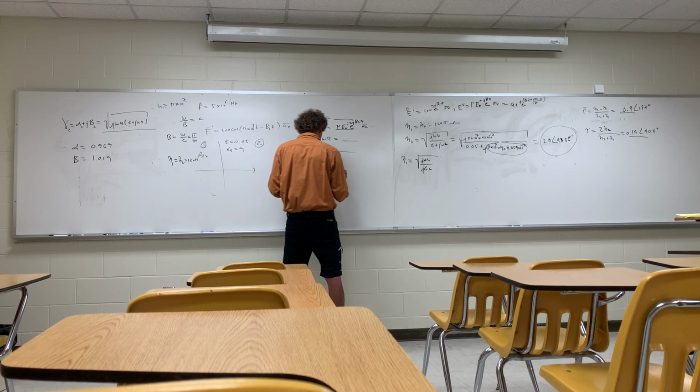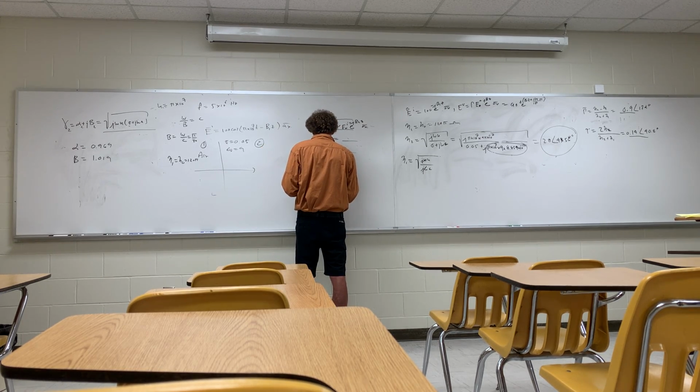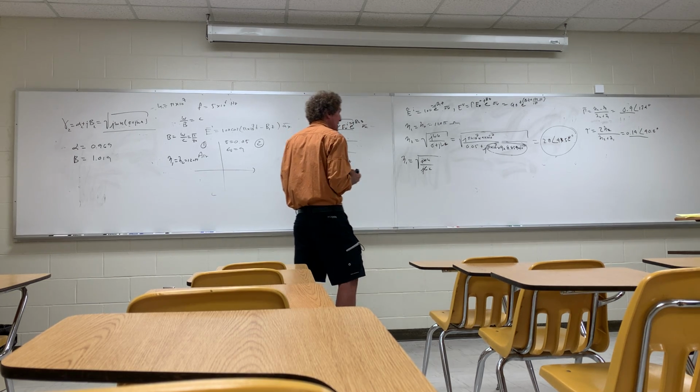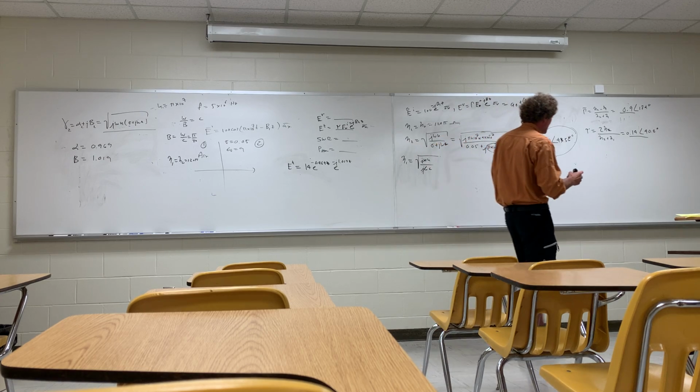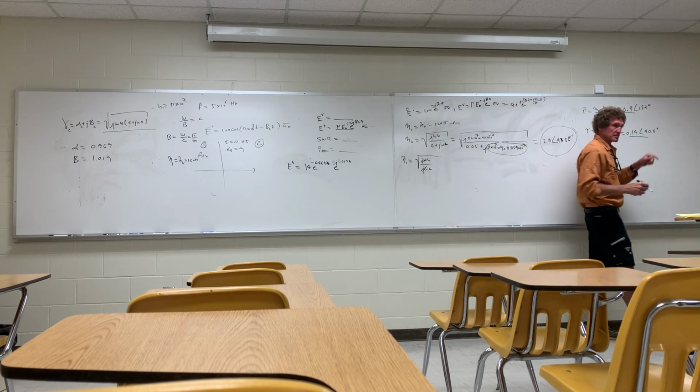Then you're gonna have that times e to the minus j beta z, and beta is 1.019 z, and then you've got that angle right here. But you need to put that in radians. Y'all follow me?